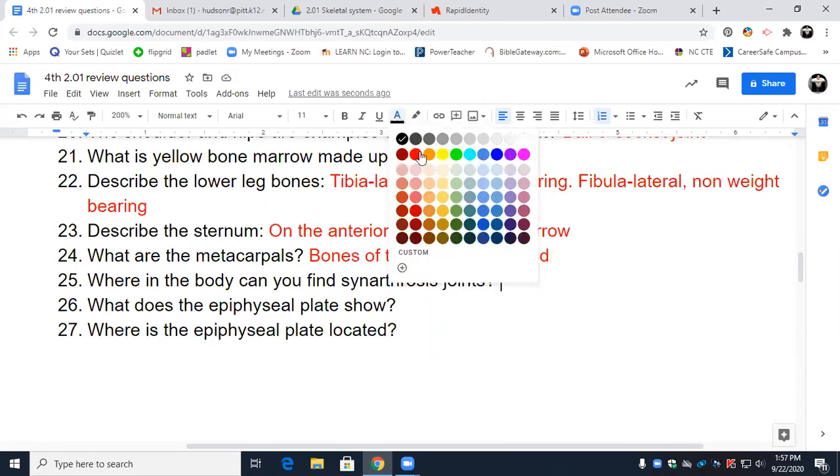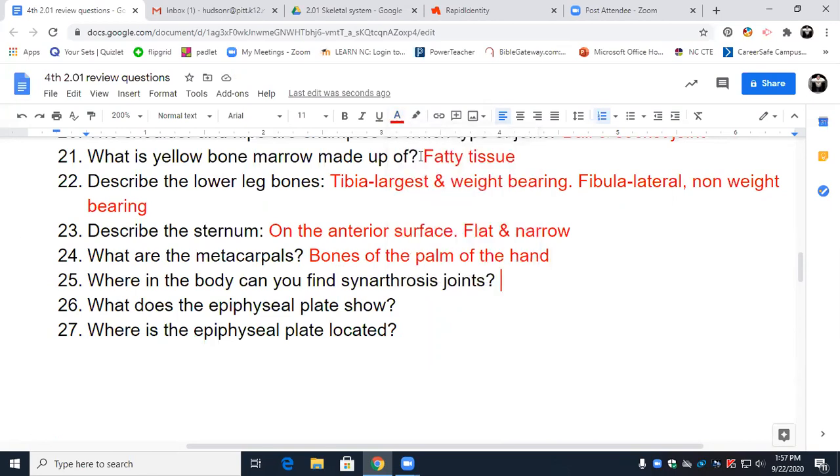And where can we find synarthrosis joints? Your skull, the sutures of your skull. I'm just going to put cranium here. There we go. What does the epiphyseal plate show?